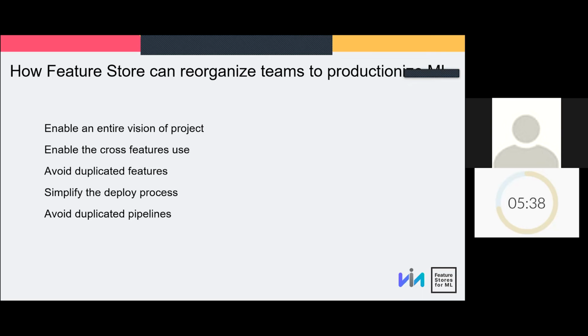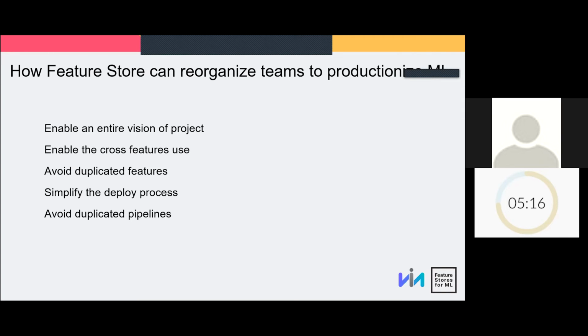And after the use of a model, you can track which notebooks are using these features. This really helps in the governance topic and shows how useful the feature store can be.